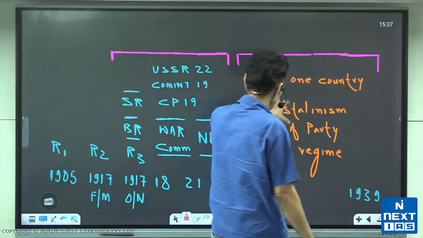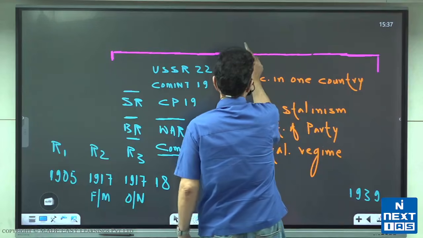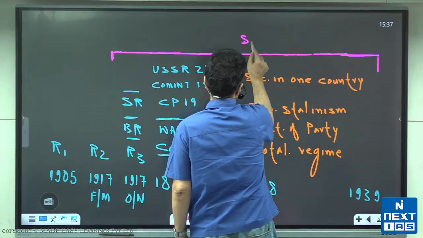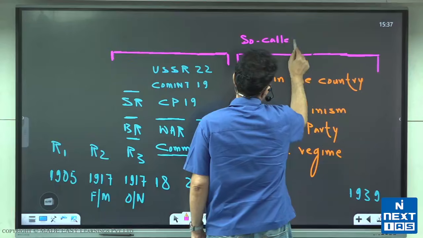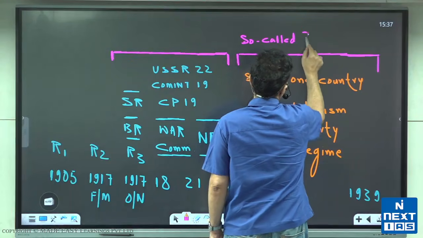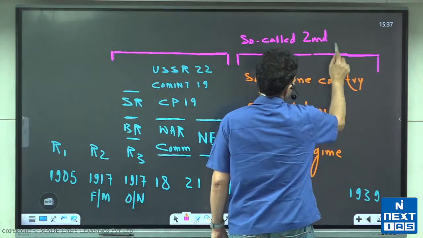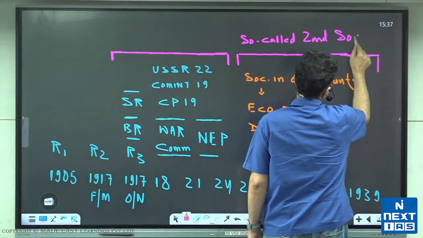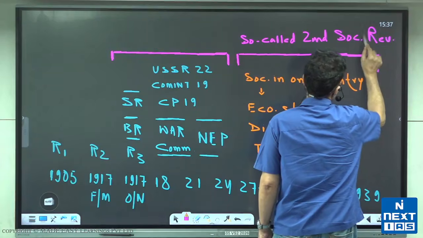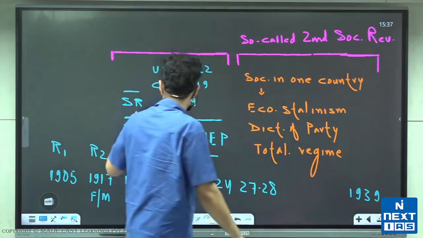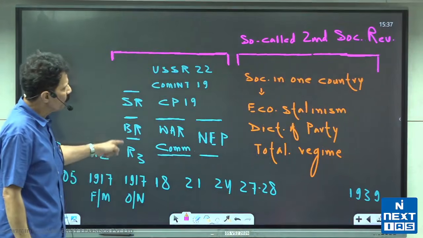And this is given the name, or this can be considered, the so-called Second Socialist Revolution. Second Socialist Revolution. Why? First was here under Lenin.